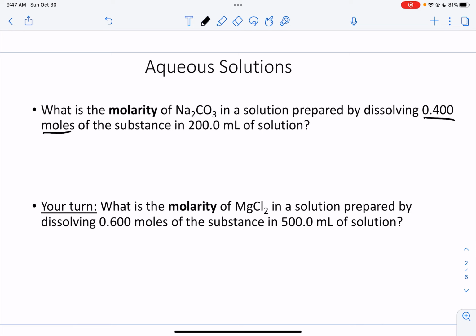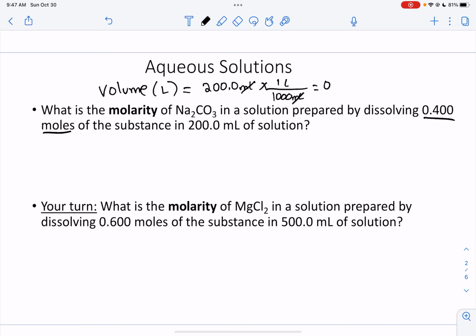So it is often helpful with these types of calculations to convert the volume to liters at the beginning of the problem. So we'll take our 200 milliliters and multiply by 1 liter over 1,000 milliliters, since there's 1,000 milliliters in a liter. So this will become my volume.